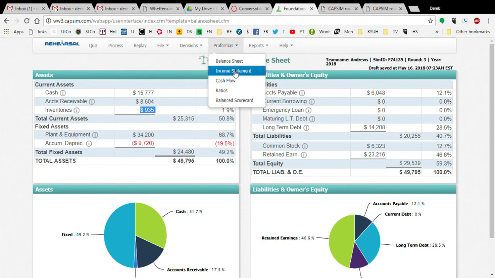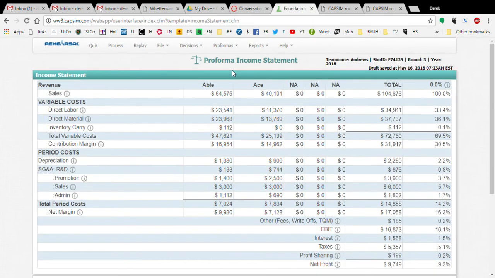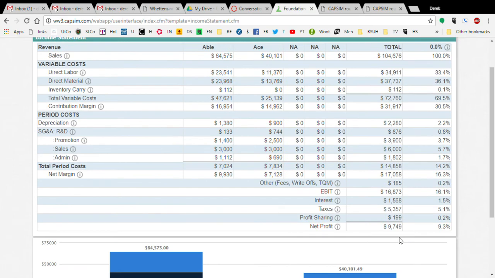Pro forma, I'm going to go to the income statement. You remember this is from the lemonade stand to tell us if we have a profit or a loss. And it gives me a bunch of numbers for the Able product and the Ace product and everything else. You can research this, it's really helpful. But at the bottom of the whole thing is a net profit. And it anticipates I'll make a profit of about $9.7 million.